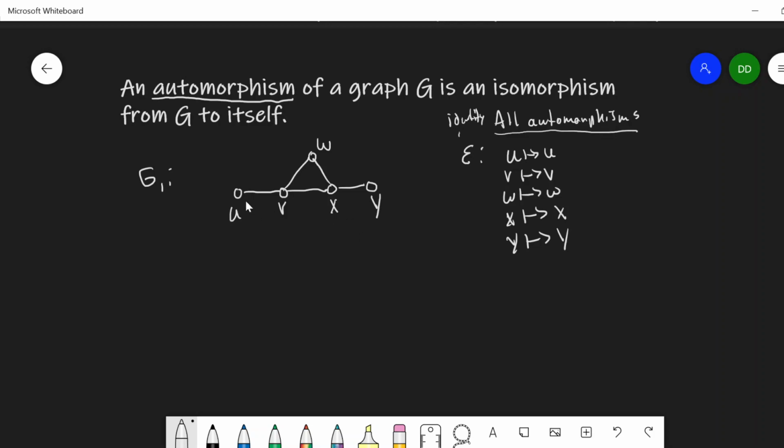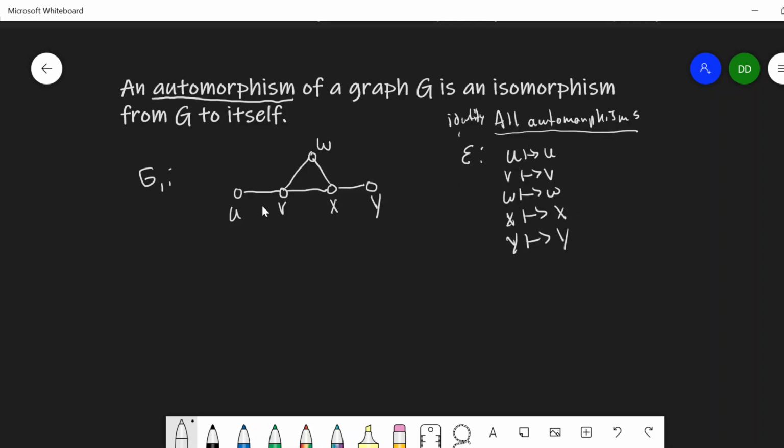So I can move U to Y, but then I'd have to move Y to U. I don't always have to swap vertices like that, but I'm moving the vertices around so they land on the place where another vertex used to be. You can check that that's an automorphism if all of the edges that come along when you move the vertices land on the edges of the graph, and all of the non-edges land on non-edges.